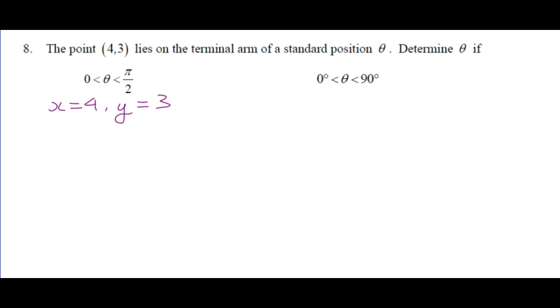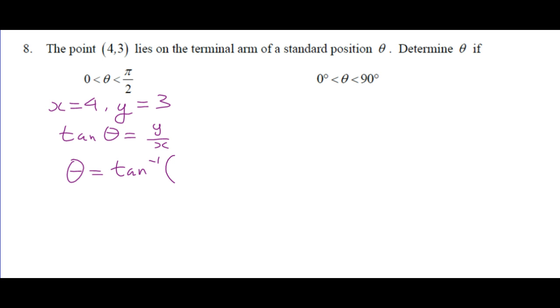Can we work out theta if we know that x is 4 and y is 3? Is there a ratio that uses x and y? Tan. So tan theta is equal to y over x, right? We're just going to write the formula down. I want theta, so how do I get theta? You do the tan inverse, right?